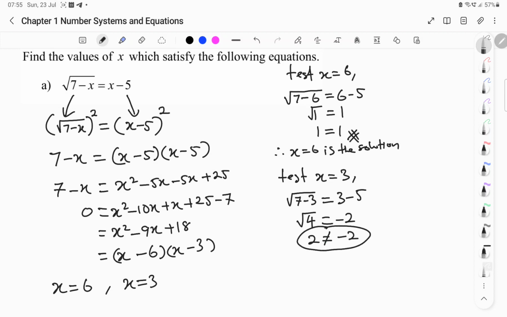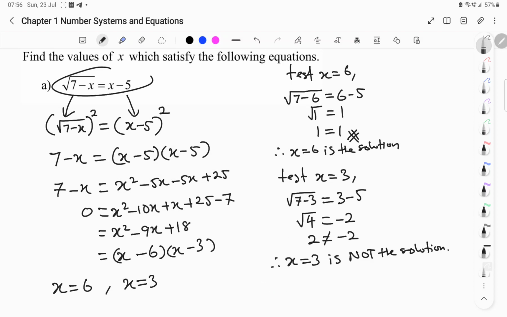When this statement is not true, it tells us that x equals 3 is not the solution. Therefore, the only answer for this equation is x equals 6.